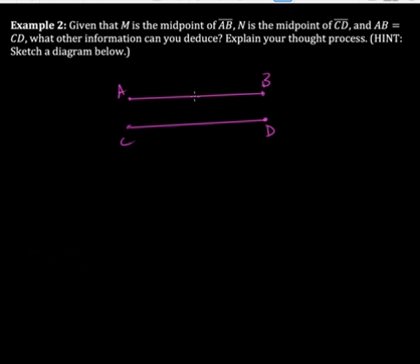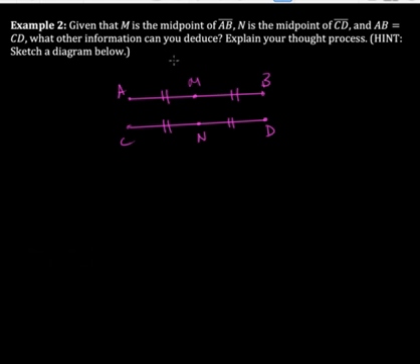M is the midpoint of AB, and N is the midpoint of CD. So I know that M has broken this into 2 equal parts, and N has broken this one into 2 equal parts. But if AB started out as the same length as CD, and I cut both of them in half, wouldn't that mean that all of these are the same length, right?